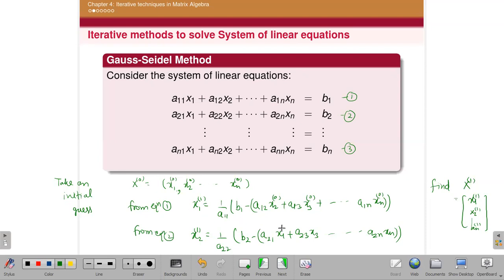Here you have to use the new component, which means we have found x1 1. So now you update this x1 here, then the rest are the previous ones, because x3 1 is not found yet. So here you have to use the previous one only. Now that you have found x1 1, you immediately use it in the next component. So now you have found x1 1, x2 1.